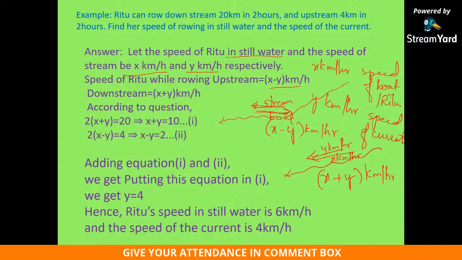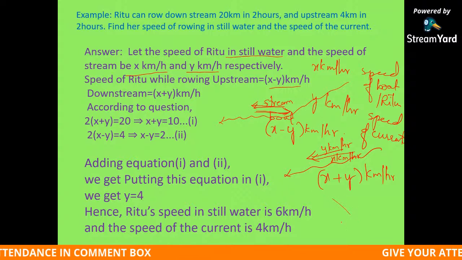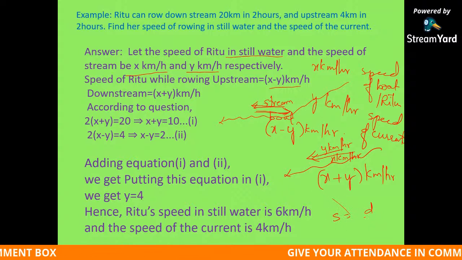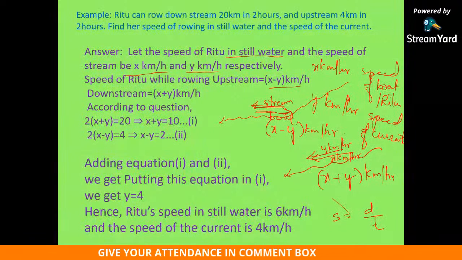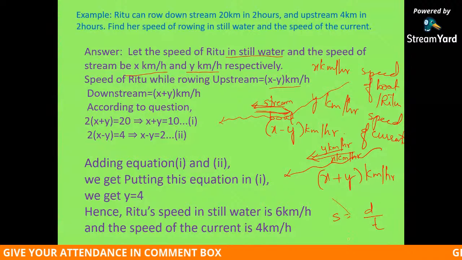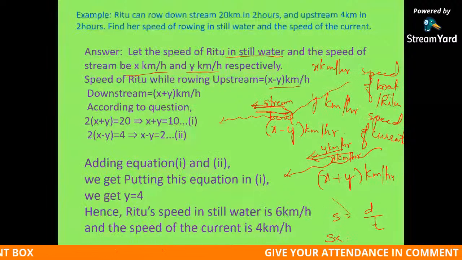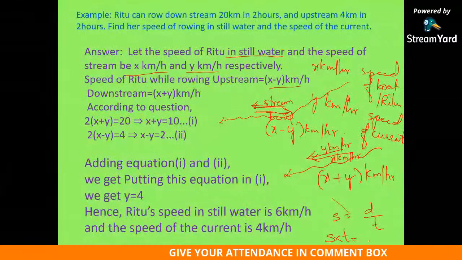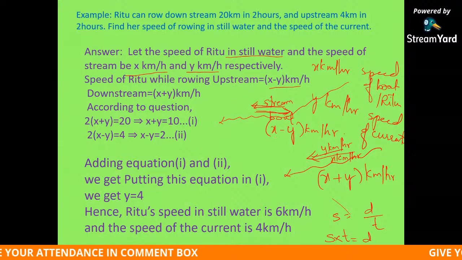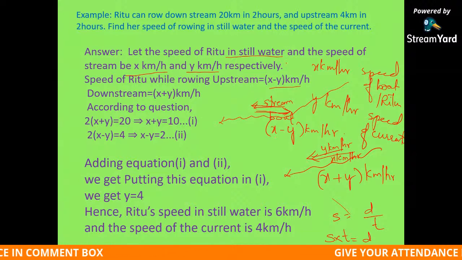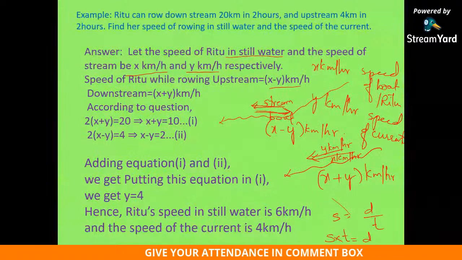And we already know the formula: speed is equal to distance divided by time taken, right? Here, speed into time is equal to the distance traveled. The distance traveled when it is going downstream, see here, is 20 kilometers. How to write the equation?